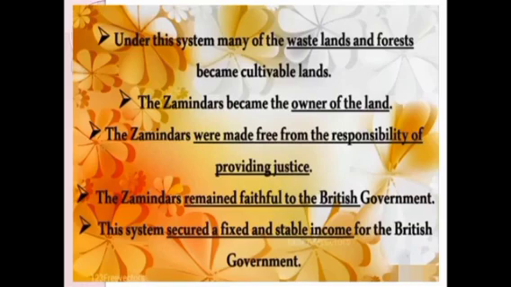Then the zamindars were made free from the responsibility of providing justice. The next merit is, the zamindars remained faithful to the British government. Then this system secured a fixed and stable income for the British government.